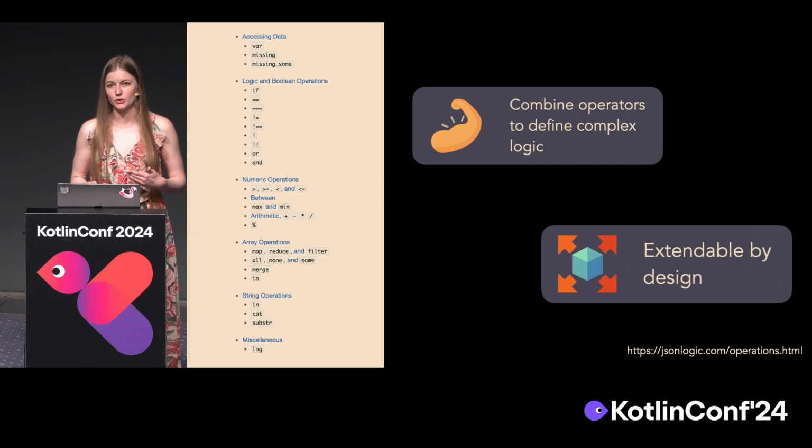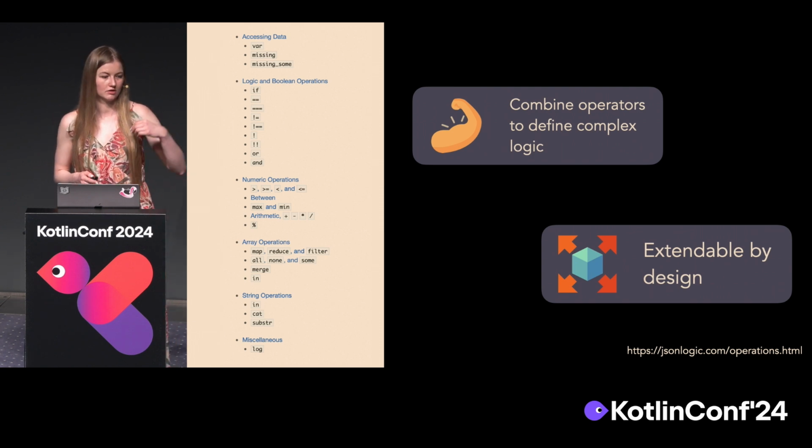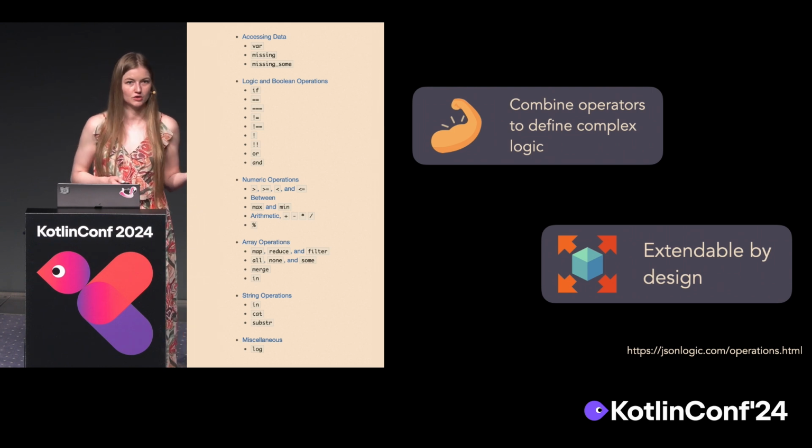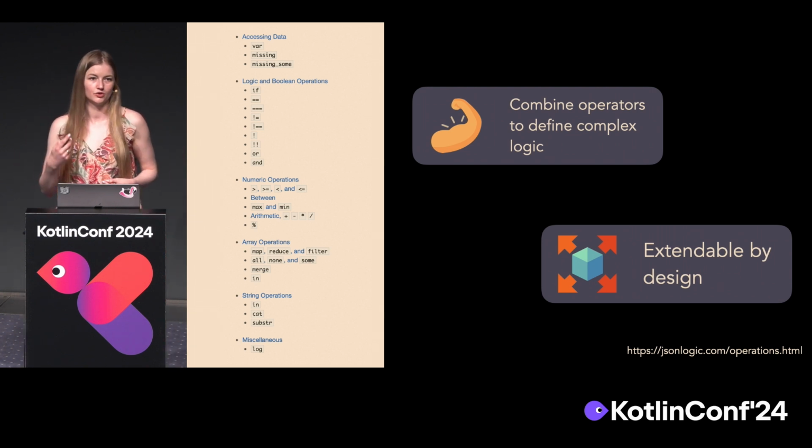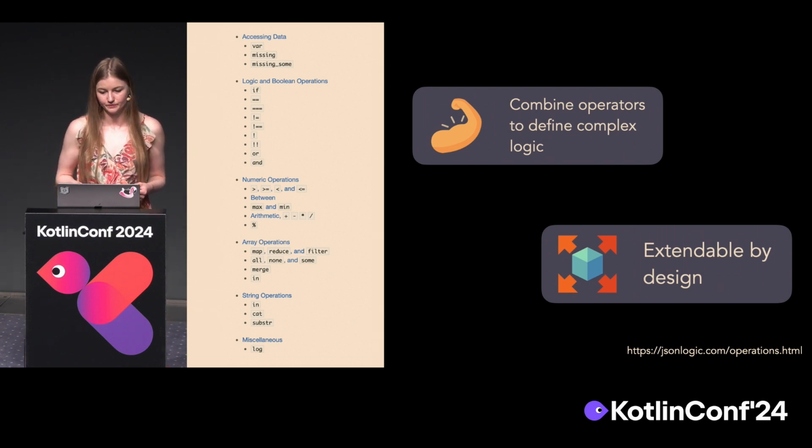But there were not that many operations that we needed to implement. I think we ended up with about 60-something operations that were either defined in the JSON logic format or picked by us. Basically, we checked the Kotlin standard library and saw which operations could be useful for our developers.